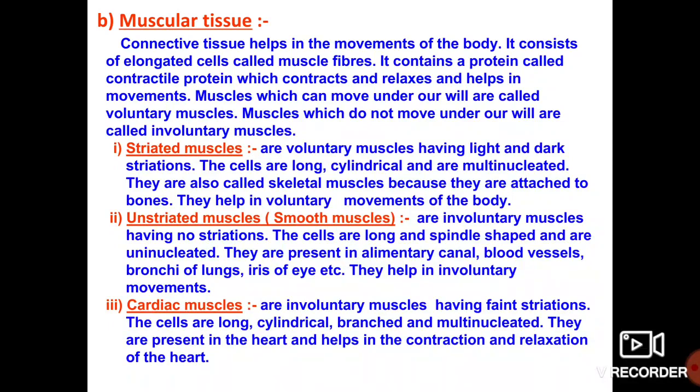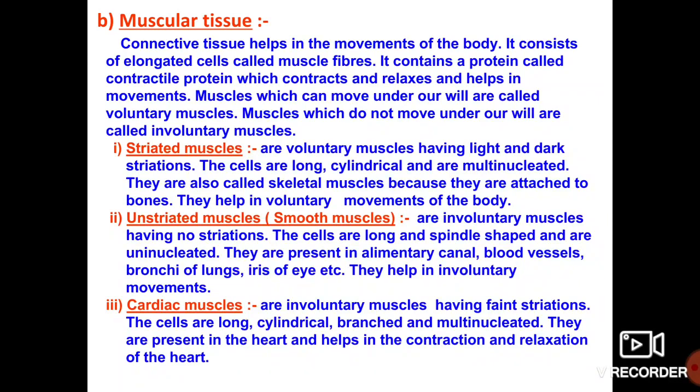It consists of elongated cells called muscle fibers. Muscle tissue is made up of elongated muscle fibers, and it contains a specially modified protein called contractile protein.